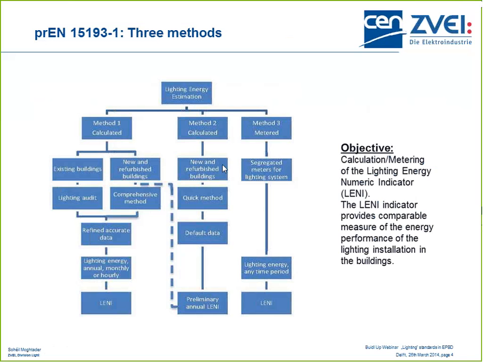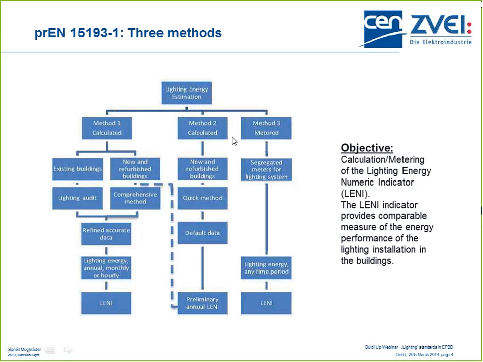And from this, we have the possibility to see what type of lighting energy is used at any time, and then come to the LENI. LENI is the typical indicator for the energy used within the building, and so this is given here. And then we have 2 other methods.